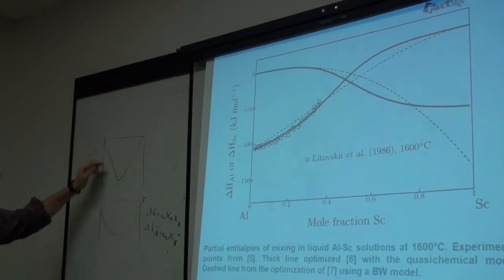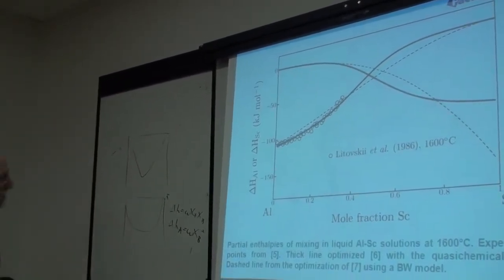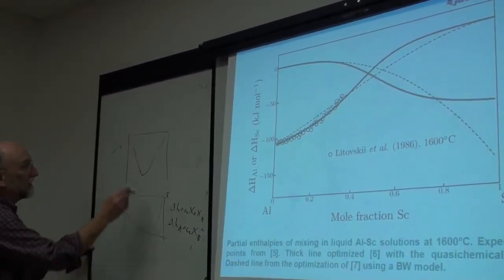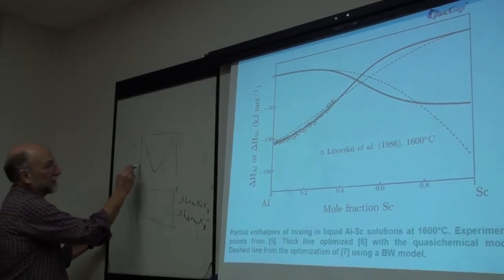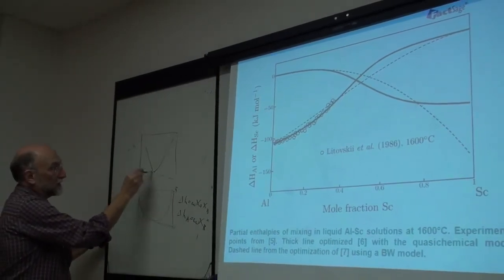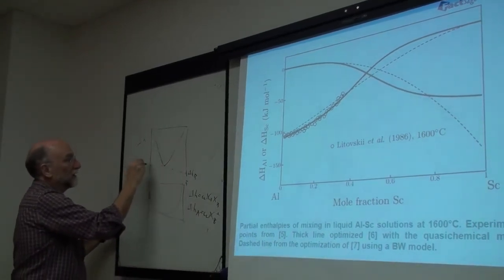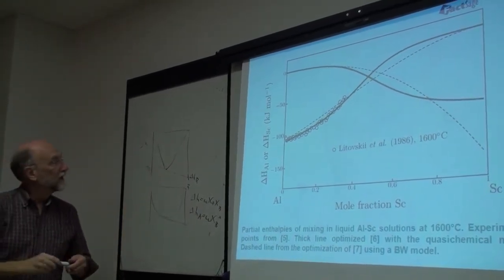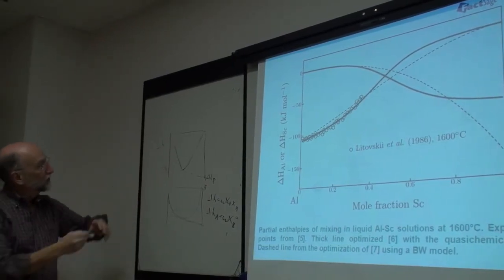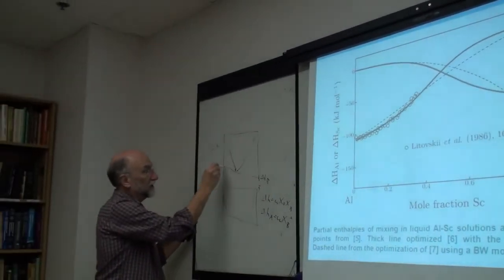Okay, now what happens, the partial of course is the intercept over here. Take a curve like this. You take a tangent here, and this point over here is the partial of B, and this point here is the partial of A. Partial of A is the intercept of the tangent line.